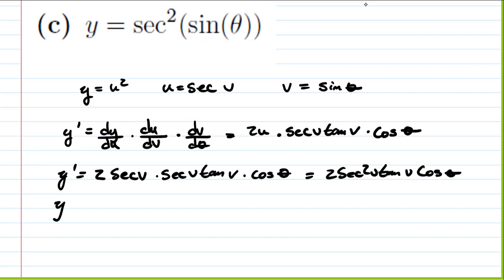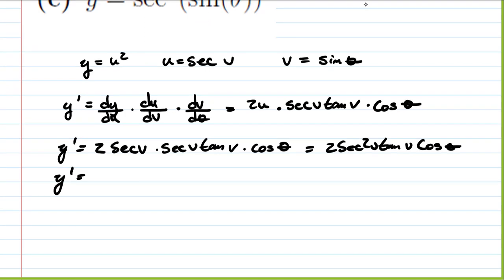And then we substitute out our v's, and our v's are sine theta. So we get 2 secant squared sine theta times the tangent of sine theta times cosine theta. And that is going to be our derivative.